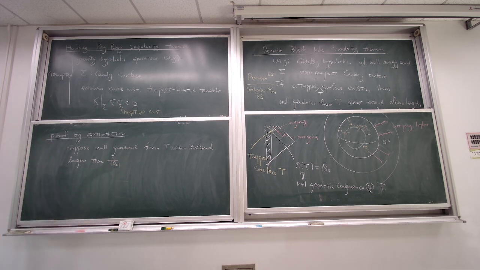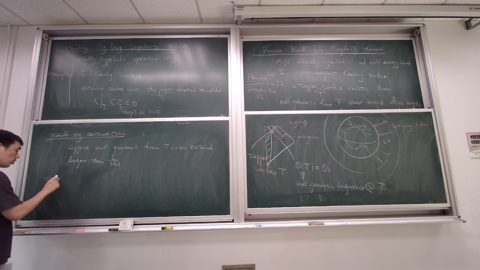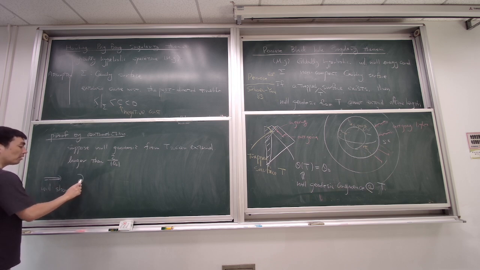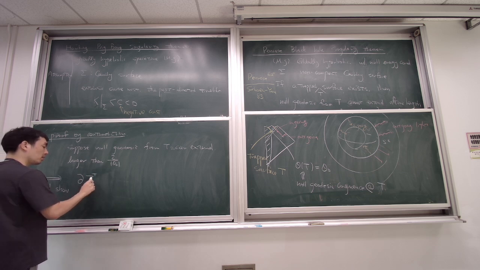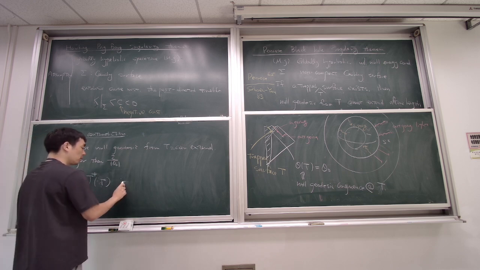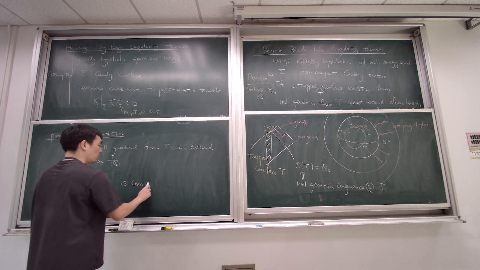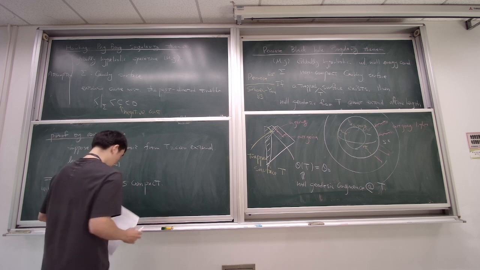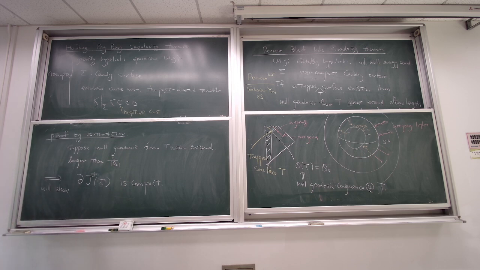Then we will show, so this is the strategy, that the boundary of J plus, the future of T, is compact. So we will show that the boundary of J plus is compact.